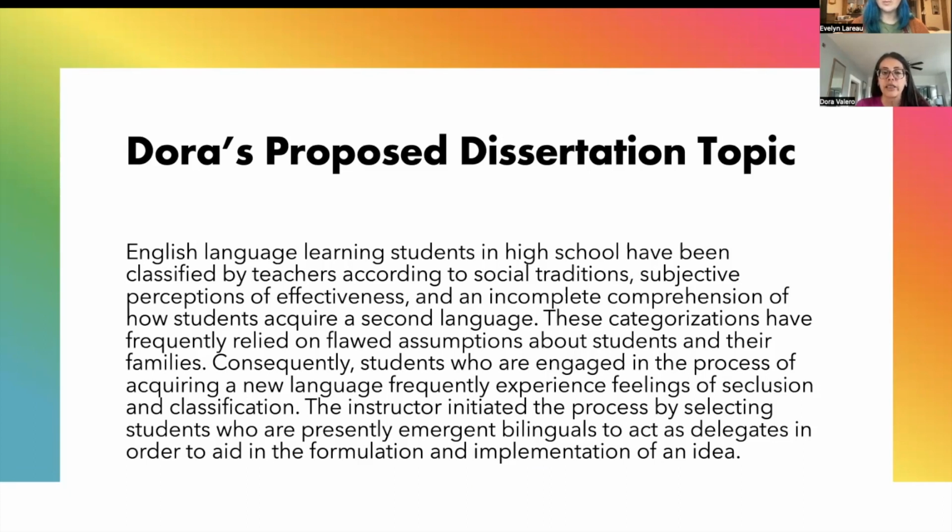These categorizations have frequently relied on flawed assumptions about students and their families. Consequently, students who are engaged in the process of acquiring a new language frequently experience feelings of seclusion and classification. The instructor initiates the process by selecting students who are presently emerging bilinguals to act as delegates in order to aid in the formulation and implementation of the idea.